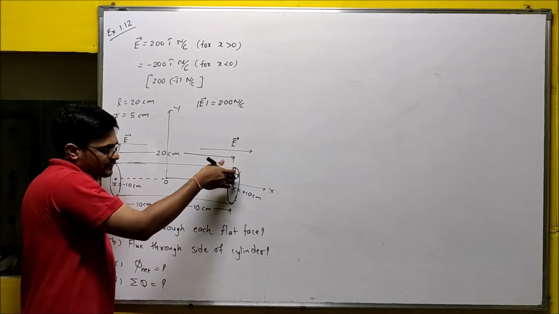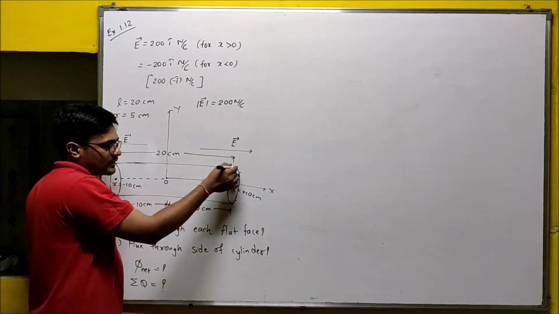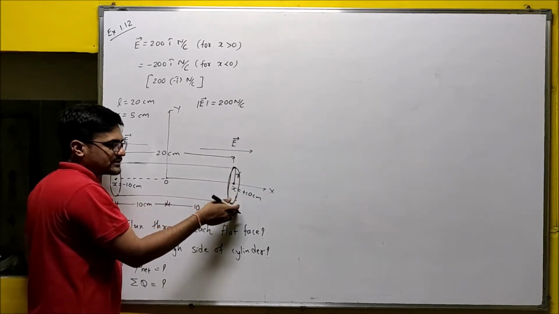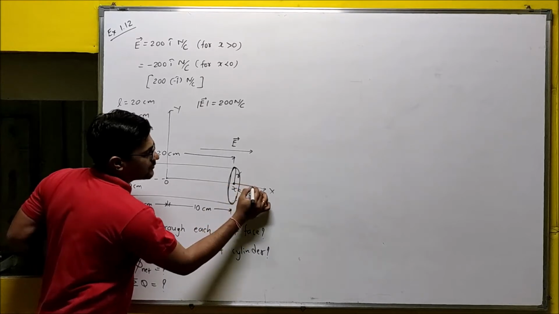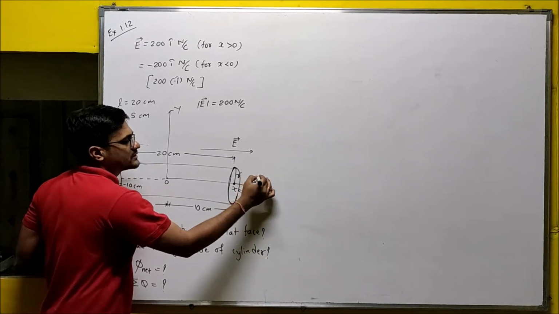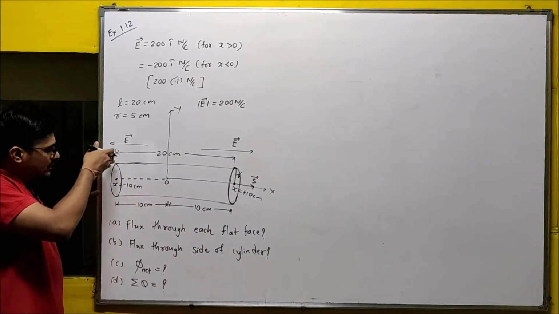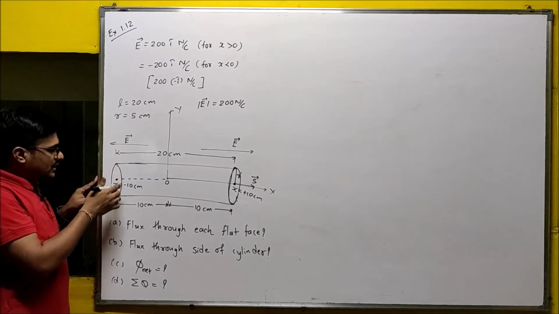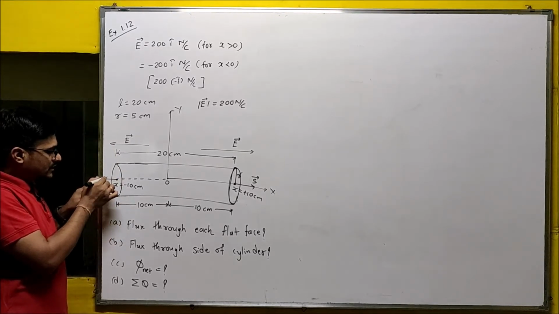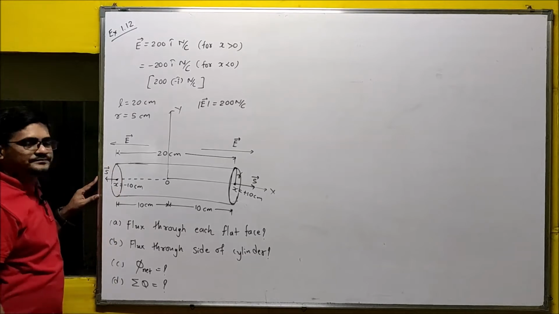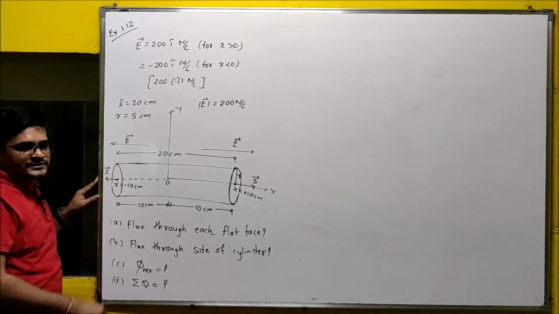The direction of the surface area of the right flat surface is normal to the surface, so it is to the right, and the surface area of the left flat surface is in the left direction, normal to that face.